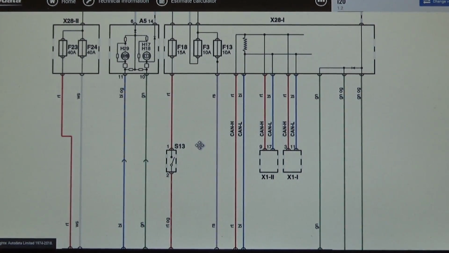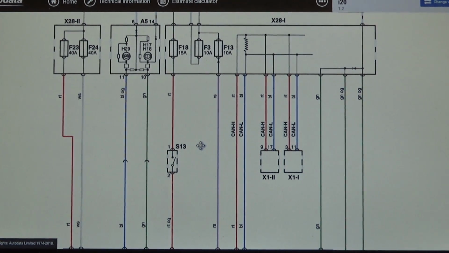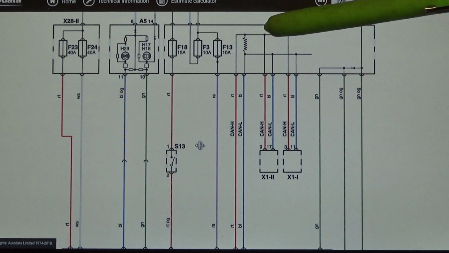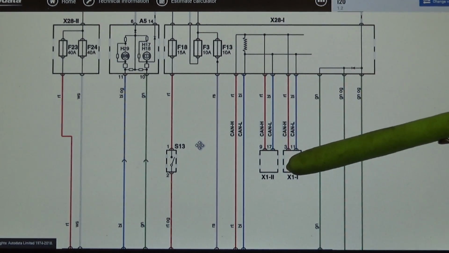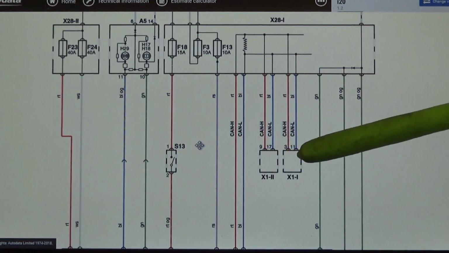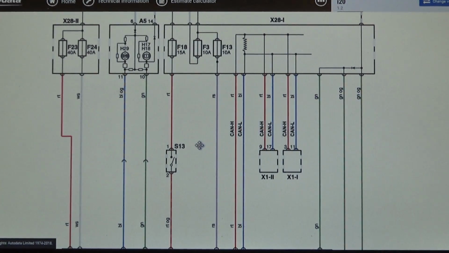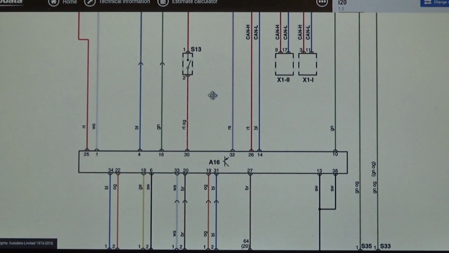So for the i20 that we're working on today, I can't get a full network diagram without going looking for it. But one of the things that you'll see is up here we've got the fuse box, we've got the data link connector, and then the ABS control unit down here.